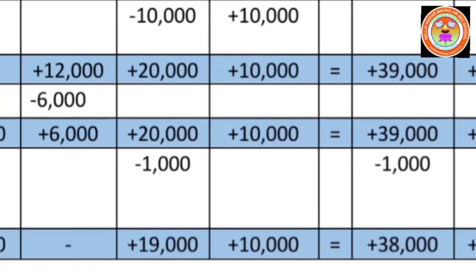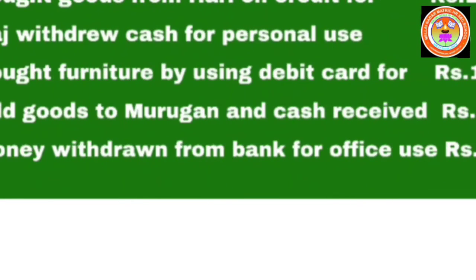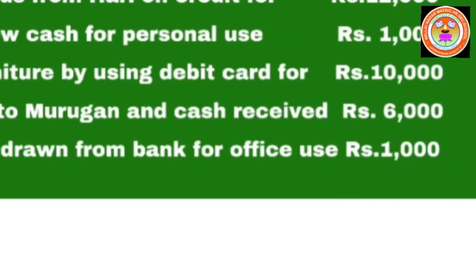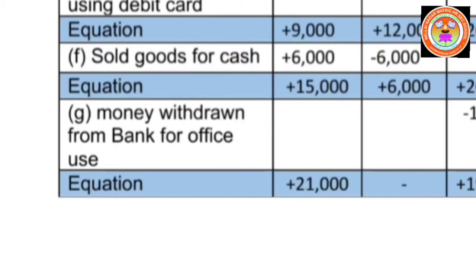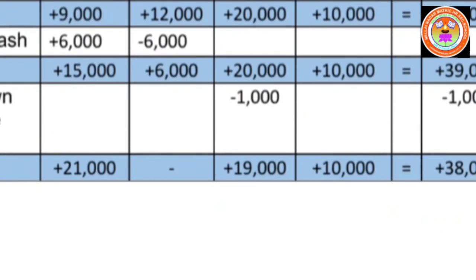Do you understand? Last transaction, money withdrawn from bank for office use, rupees 1,000. Write the transaction under the transaction column. Money withdrawn from bank for office use. So the bank balance will be decreased because the proprietor withdrew money from the bank. So minus 1,000 under the bank column.